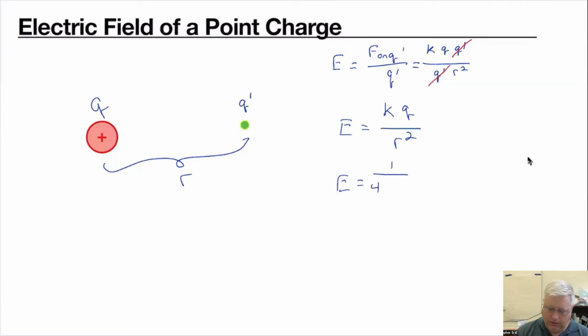It's 1 over 4 pi epsilon naught times q over r squared. And that's how we can determine the electric field strength. And if it's a positive point charge, we know that the field points away.